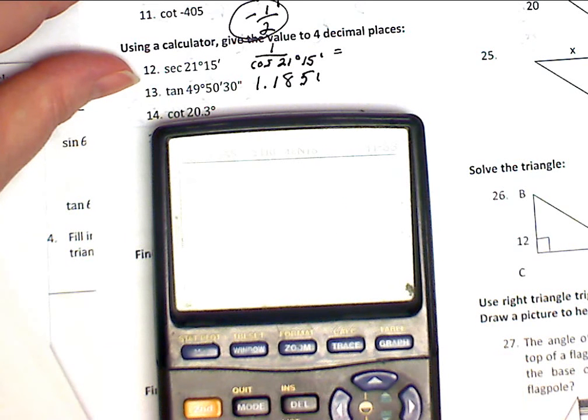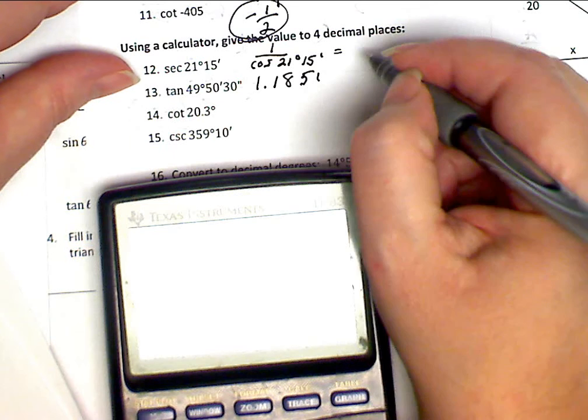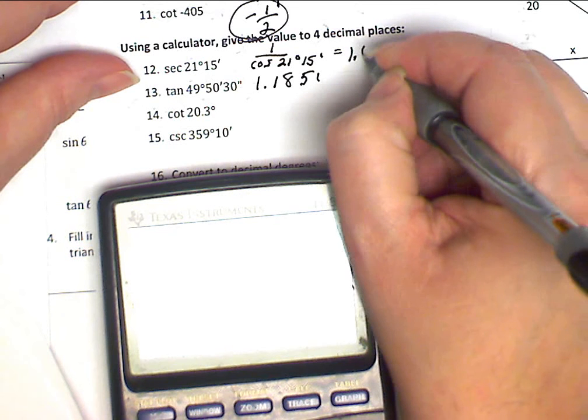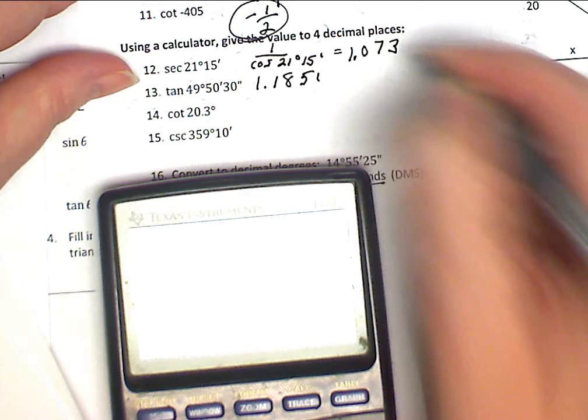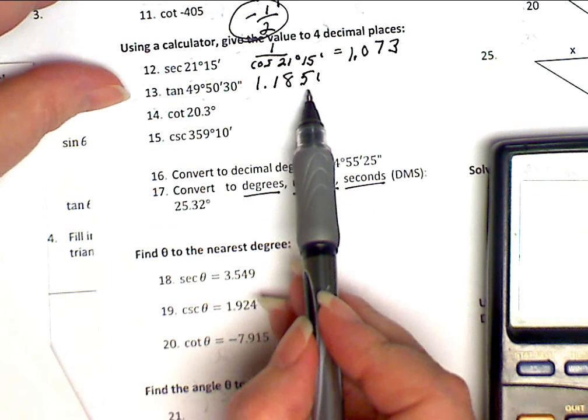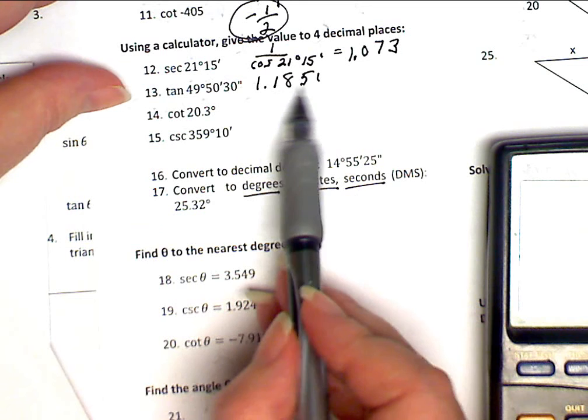I got 1.07. Me too. 1.073. He just wanted to know why I didn't round on that one, so I put more down. All right, so I'll come around now.